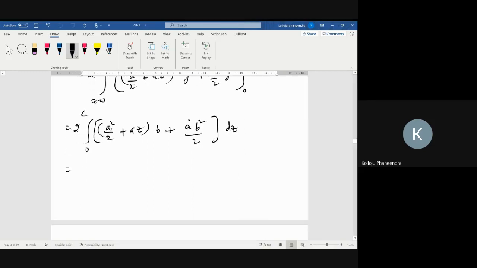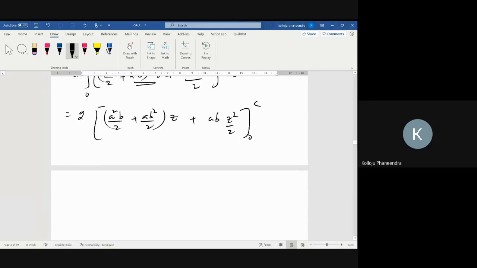Now with respect to z, the constants are what? Only this is the z term, so I can take a square b by 2 plus ab square by 2 as the constant, into z, plus ab z square by 2, this entire thing between 0 to c.